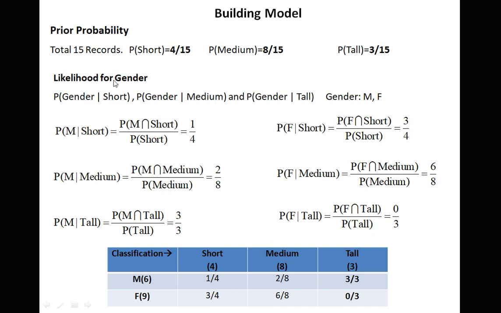After that, we require to calculate the likelihood for gender. Now in gender, two values are there, male and female, and final class labels are 3. So total 6 combinations are possible. I will explain the first two and the rest we calculate in the same way. Probability of male given short, this is the conditional probability, that is the m and short combination we require to check in the table, divided by the probability of short.